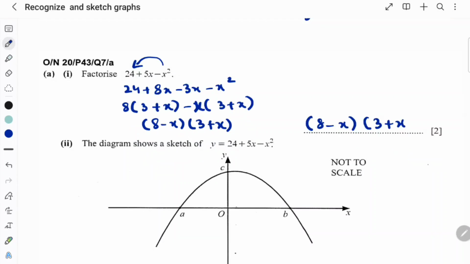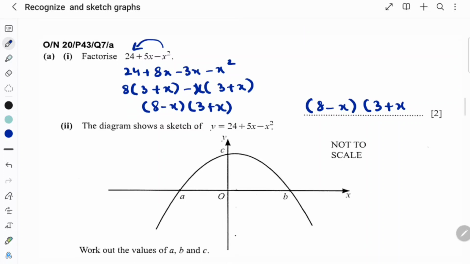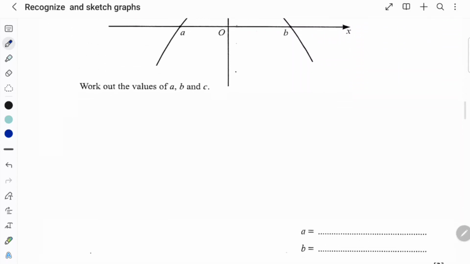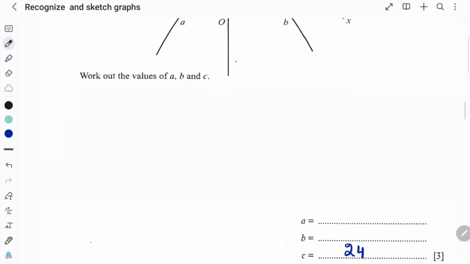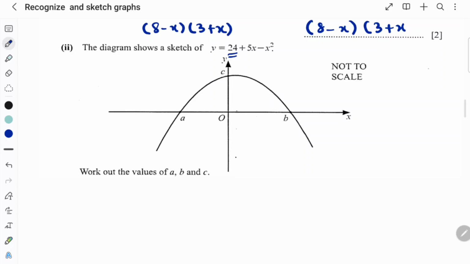Now in the next part, the sketch of the same equation which we have already factorized. They're asking you to find the values of a, b and c. Not the coordinates, just the values. On the x-axis are a and b, and c is on the y-axis. We know it is positive 24, so c is 24. On the y-axis you can put 0 for x and get the value of c there.